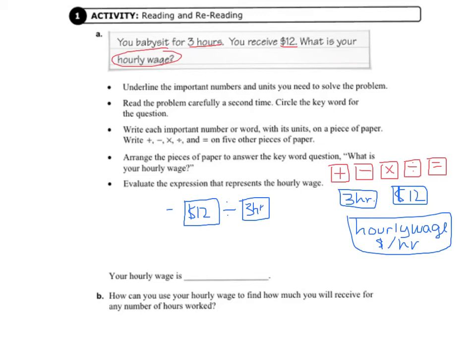And that would equal our hourly wage. So that would be how much money we're making per hour.